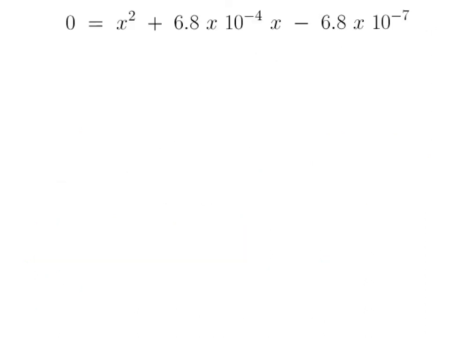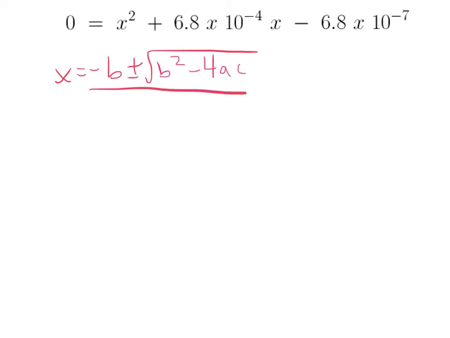Alright, so now it's time to solve the quadratic equation. Do you remember the quadratic equation? x is equal to negative b plus or minus the square root of b squared minus 4ac, all over 2a. So a is 1, b is 6.8 times 10 to the negative 4, and c is negative 6.8 times 10 to the negative 7.